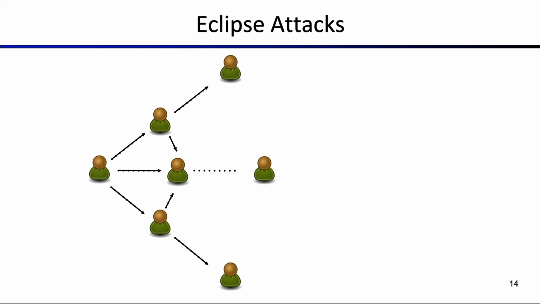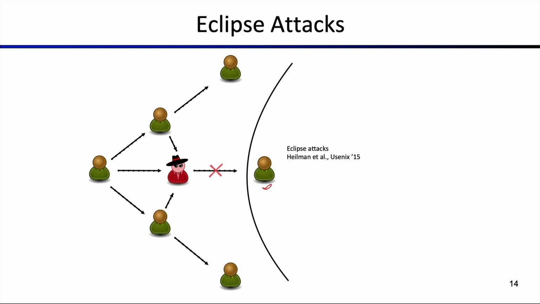And it seems like one of these peers is actually malicious. So it turns out that's our bad guy today. Now, this bad guy chooses to not forward a transaction or block to the rightmost victim here, and hence this victim is really eclipsed. This is very much the definition of an Eclipse attack.